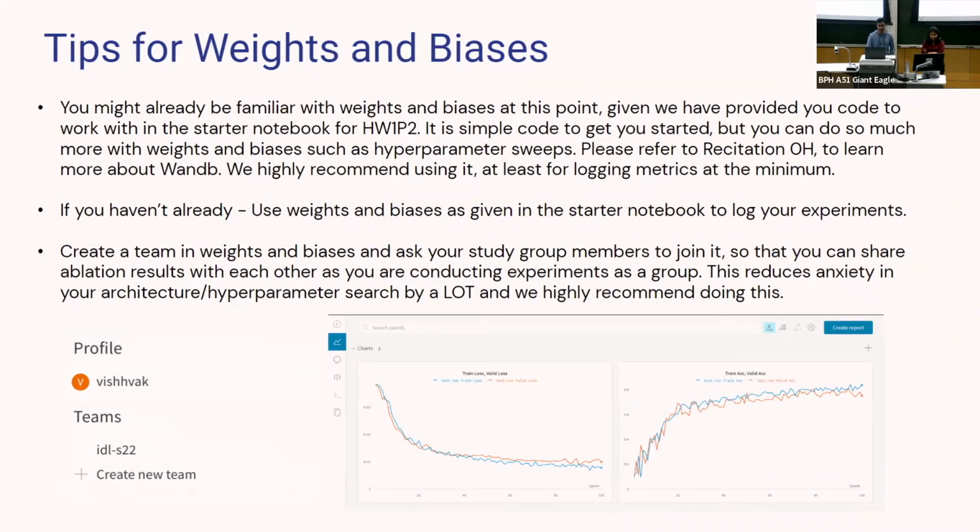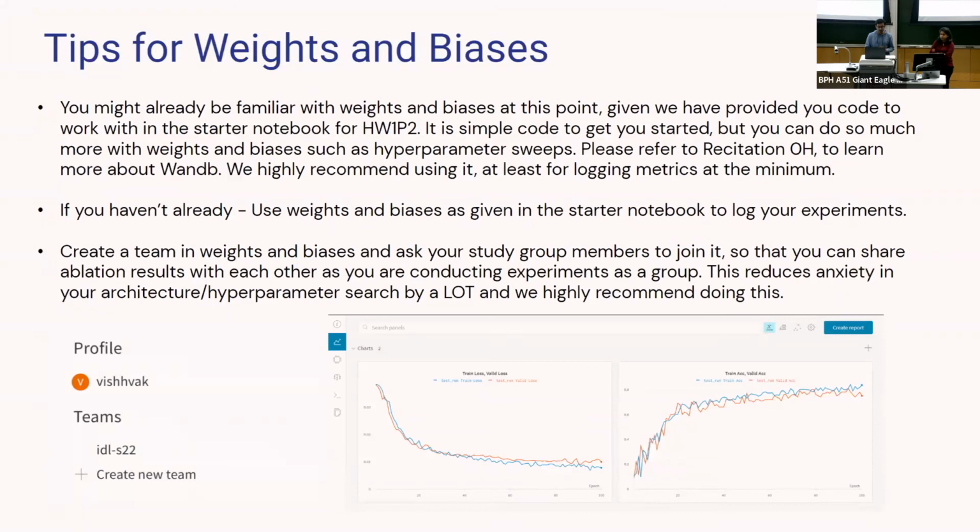Weights and Biases, you might have already encountered it in the starter code. We provided a boilerplate template, ready for you so that you can start using it. It is really the best tool for study groups, because you can create teams under Weights and Biases, and each of you gets 100 GB of free storage to save models and any sort of metrics.